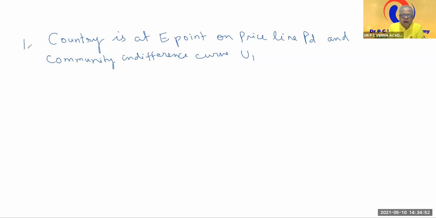Country is at point E on price line PD and community indifference curve U1.